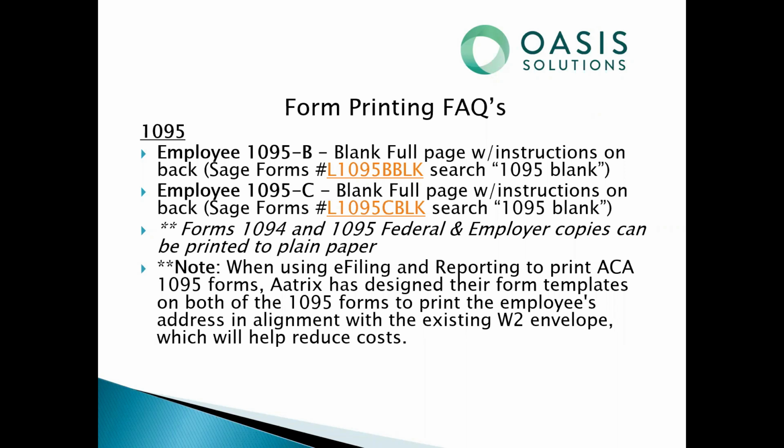So if you want to buy more of the envelopes, you can just buy the same part number with a larger quantity if you're sending them out separately. Or if you're combining the forms in the same envelope, it wouldn't matter which form you put on the top when you're stuffing it. So that might help you reduce time and or reduce costs.